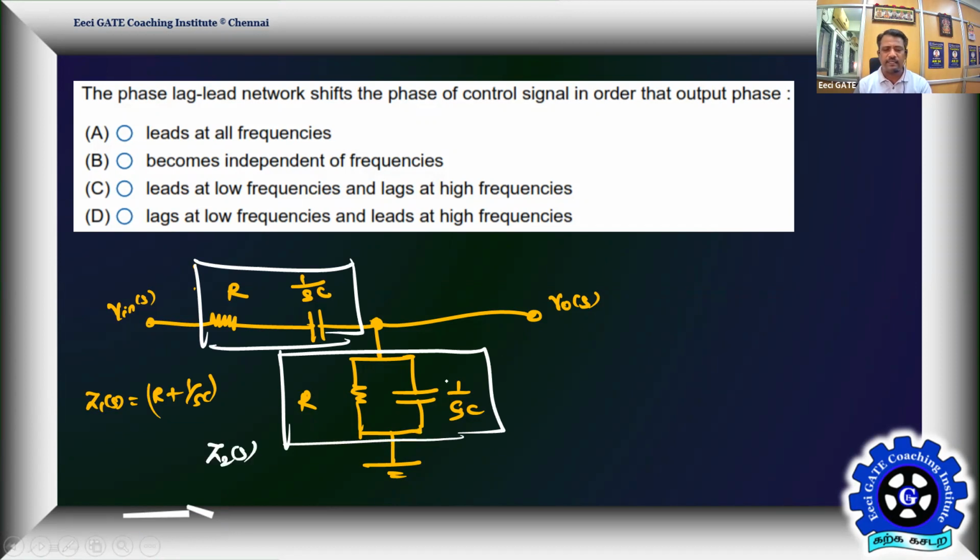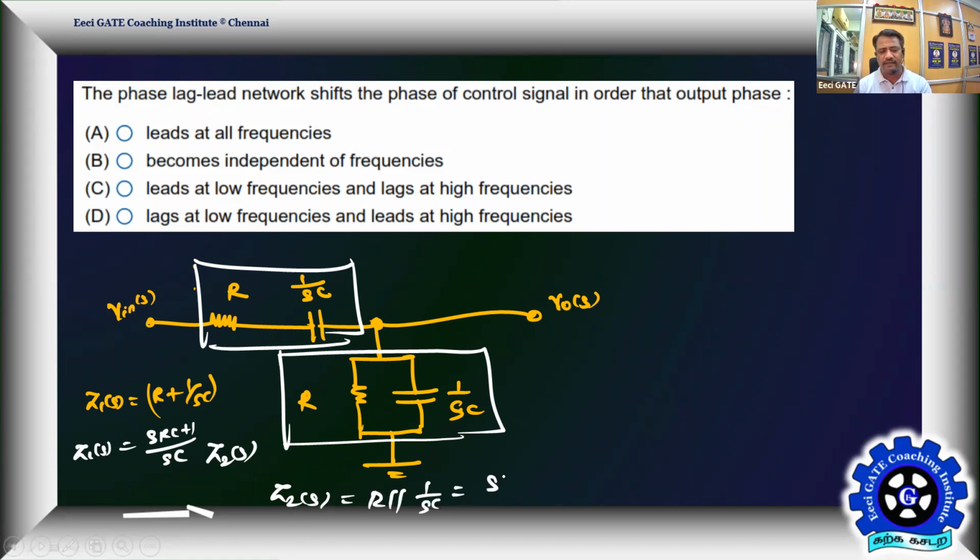That gives a circuit like Z1, Z2 excited by V in. So this is Z1 of S, which is going to be SRC plus 1 by SC. And Z2 of S is going to be R parallel 1 by SC.